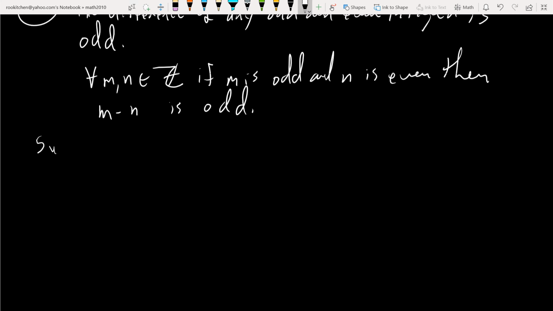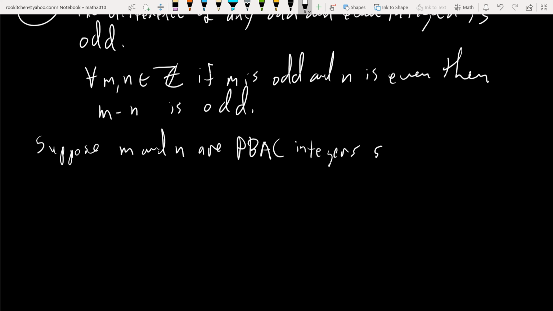So suppose m and n are arbitrary integers such that m is odd and n is even.